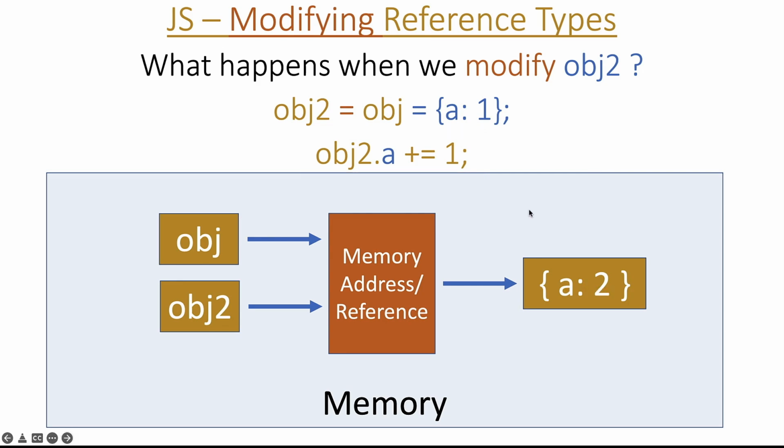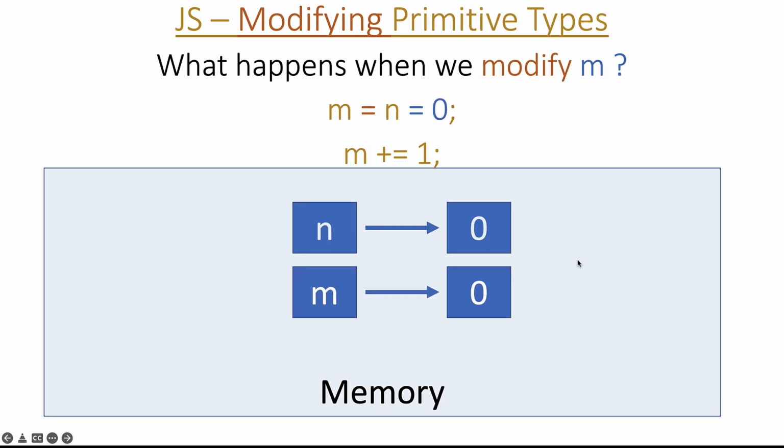At this point, if we were to compare the variables obj and obj2 using the equality operator, you can see here that obj and obj2 actually point to the reference, which then points to the object. So the equality check will return true, because in reality there is only one copy of the object, although there are two variables.